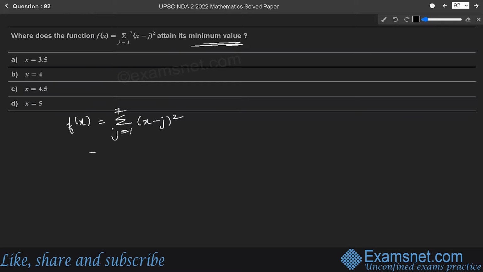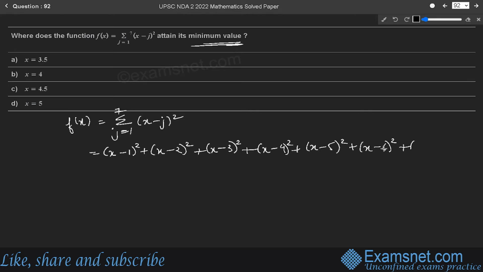So putting the values here, it will be (x minus 1) square plus (x minus 2) square plus (x minus 3) square plus (x minus 4) square plus (x minus 5) square plus (x minus 6) square plus (x minus 7) square, because j is from 1 to 7.